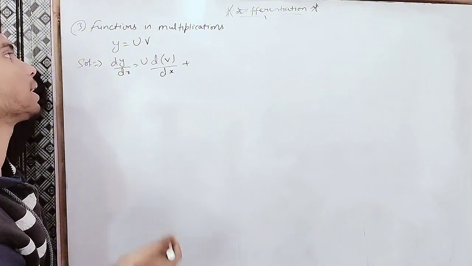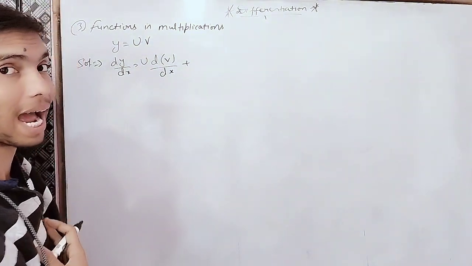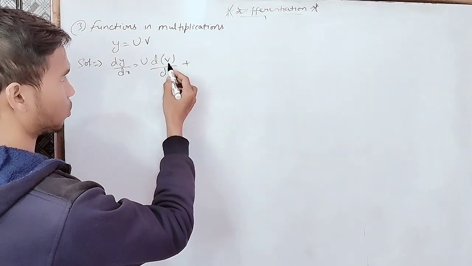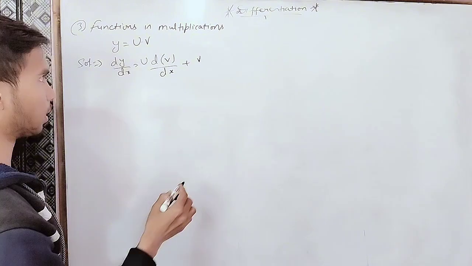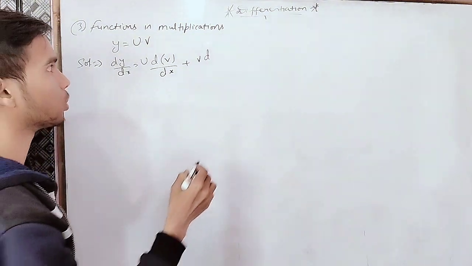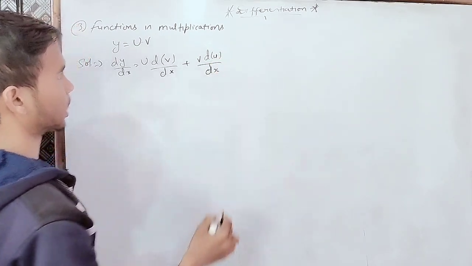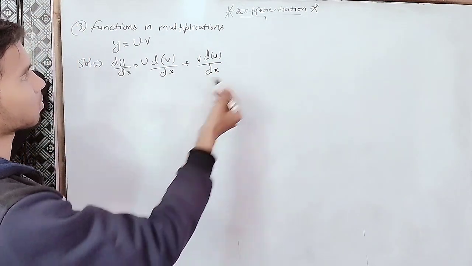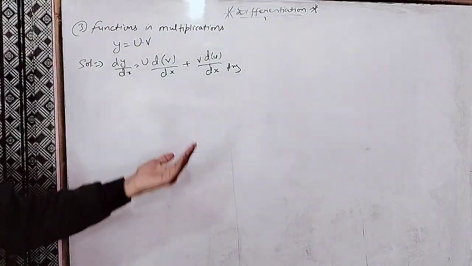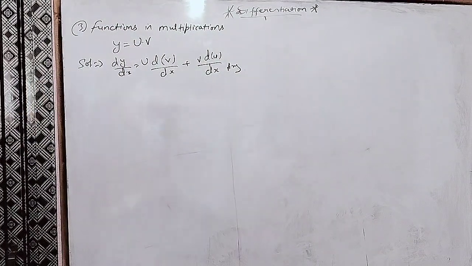Now whatever we had not taken, we will take v, and now we will represent the differentiation of u. That's it. This is not the answer. This is the proof of the formula.